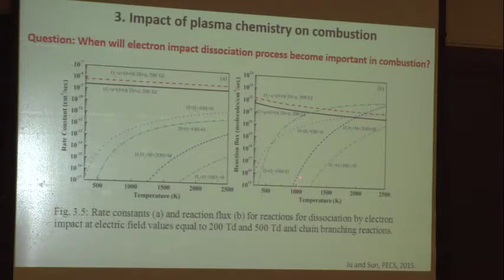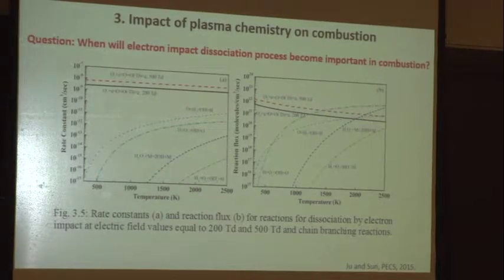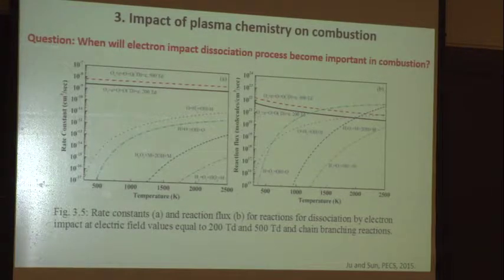So at 1000 Kelvin or below, you can see the plasma is several orders of magnitude faster than that reaction. So plasma gives you, again at 500 Townsend, a strong plasma. The plasma process provides an effective way to bypass the traditional chain branching reaction at low temperature so that it can control the ignition process, right?